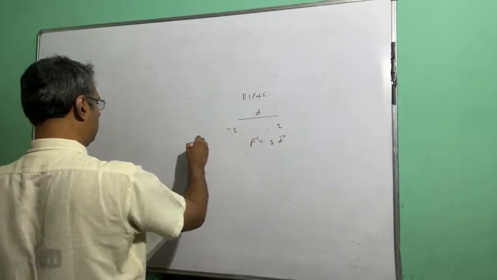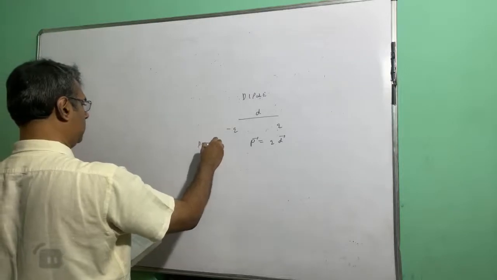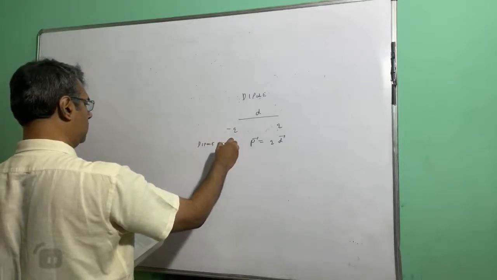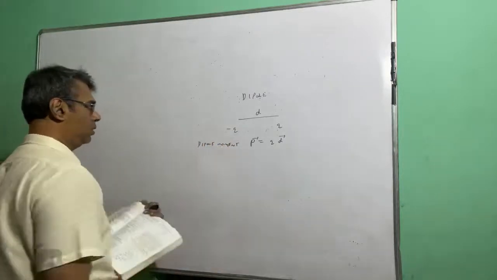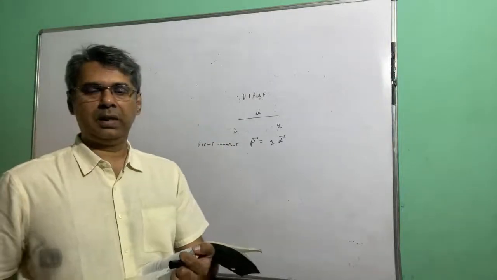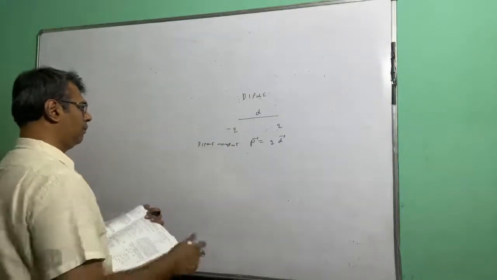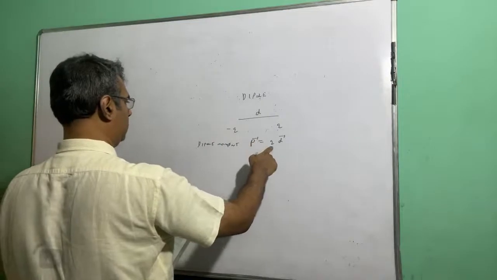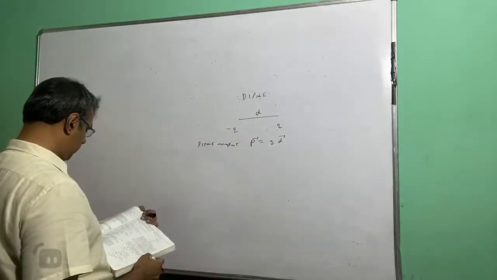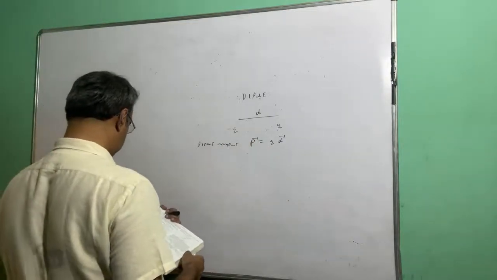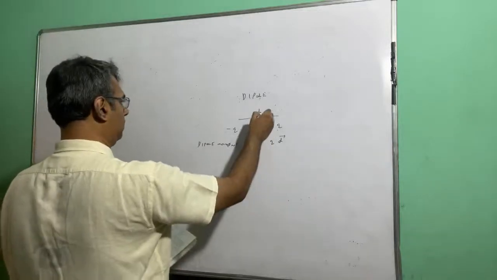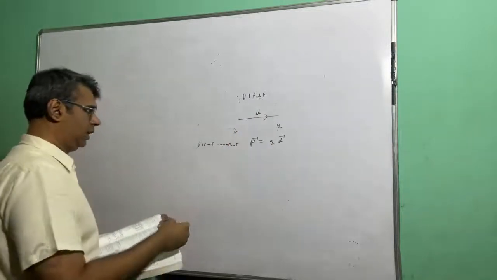Every dipole has a vector associated with it. That vector is called the dipole moment. The dipole moment vector P is the magnitude of charge times the distance, and this vector points from the negative to the positive charge.